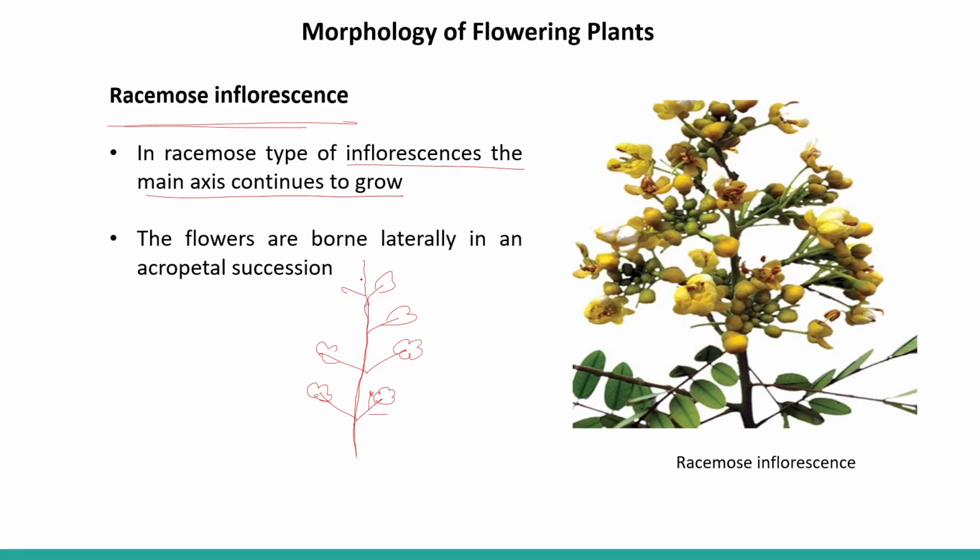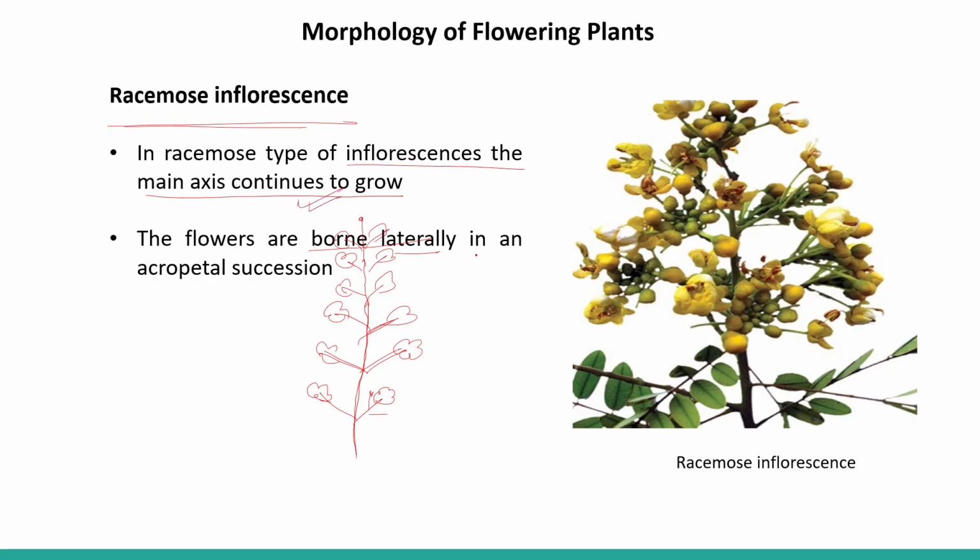It is not ending with a flower at the apex point. The flowers are born laterally, not at the apex end, ending the growth of the stem. So it continues to grow.